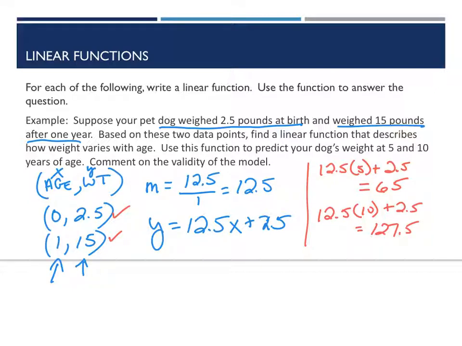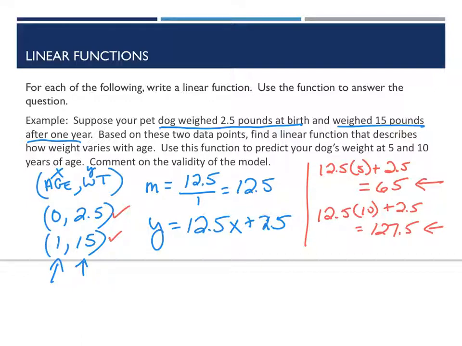When it's 5 years old, if your 15-pound dog has gained 50 pounds in 5 years, you're feeding it wrong. And then at 10 years, if it's 127.5 pounds, well, that dog is probably dead because its blood won't move anymore. It can't move anymore.